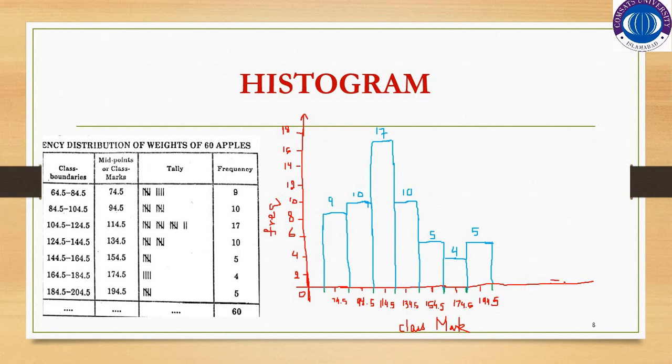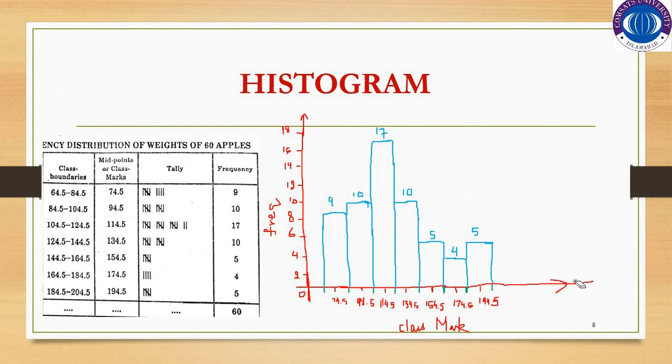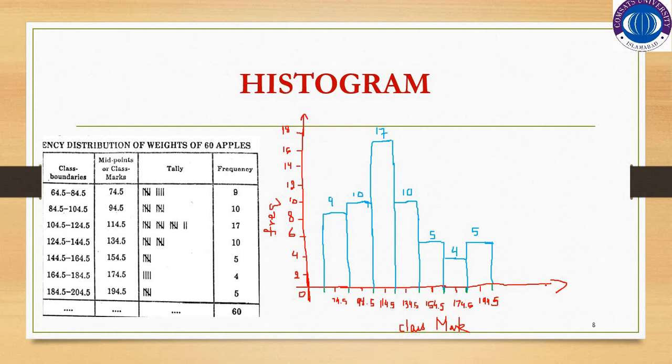So these are the class boundaries and class marks, and on the y-axis we have the frequency, and the rectangles are representing the total frequency in each class. This is the first class, 64.5 to 84.5, and it has frequency 9. This is the second class, and it has frequency 10.